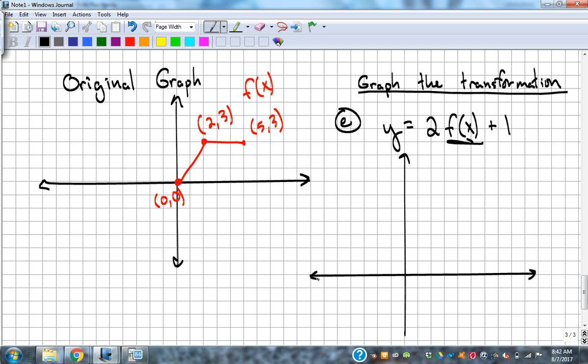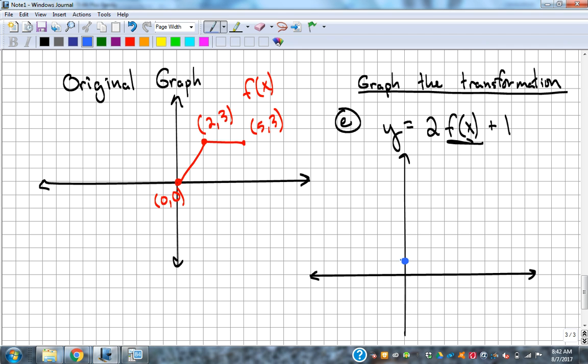Now, let's do this for each ordered pair that we know. We know 0, 0. If we double the y value on 0, 0, what does it become? It'd be 0, right? So 2 times 0 is 0. And then we add 1 to move it up 1 unit. So this new point would be 0, 1. Let's take this ordered pair. Remember the order we're doing this in. The multiplying comes first.